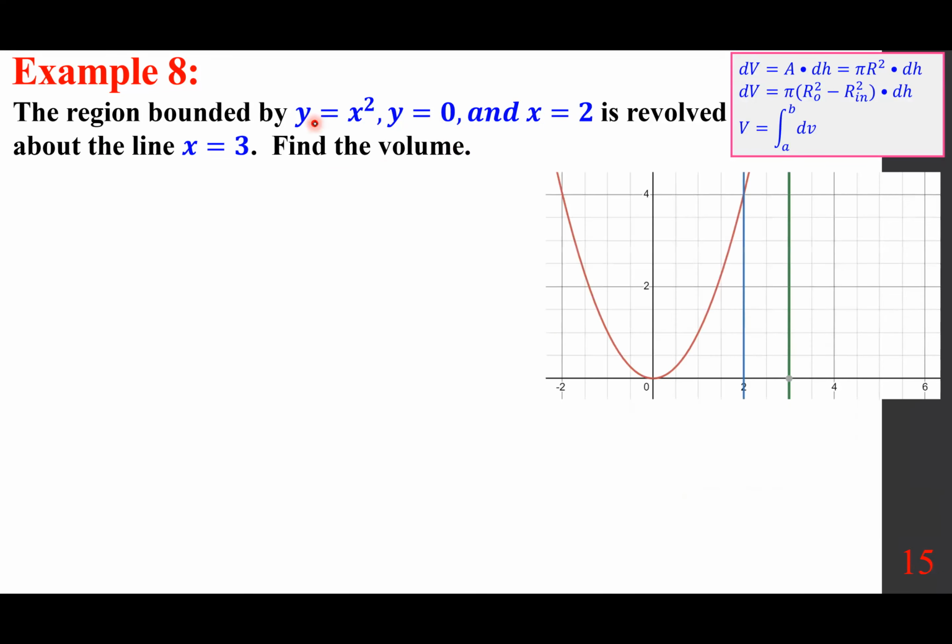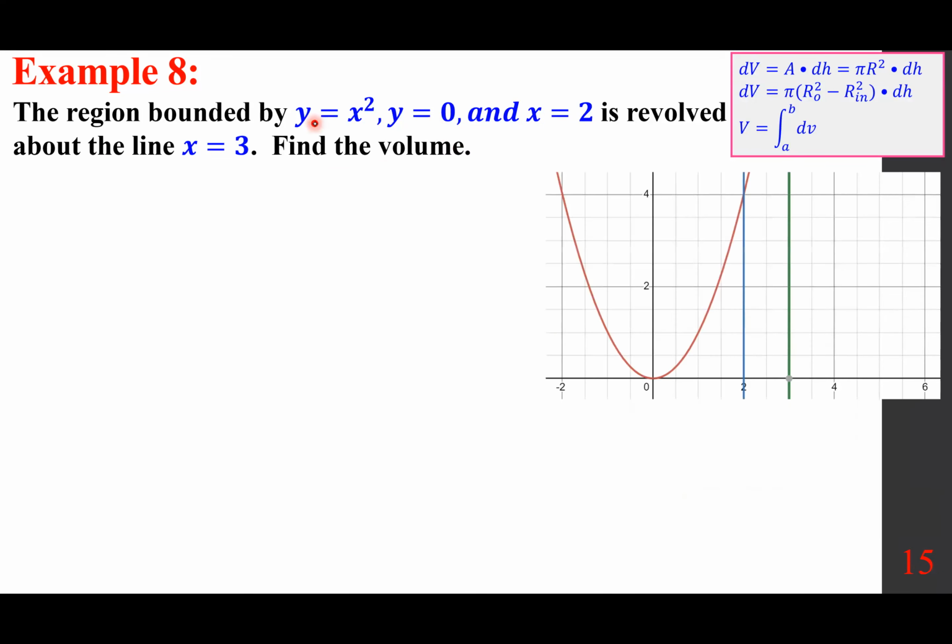So we are talking about this region. This is the region.